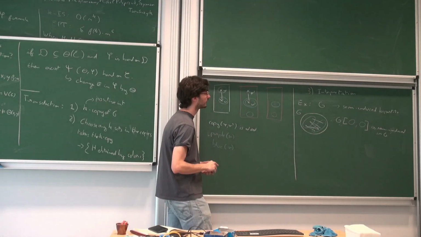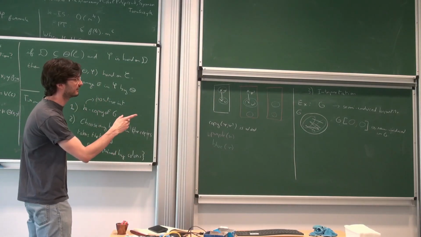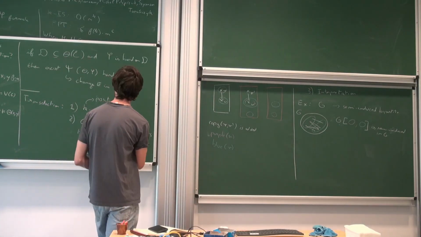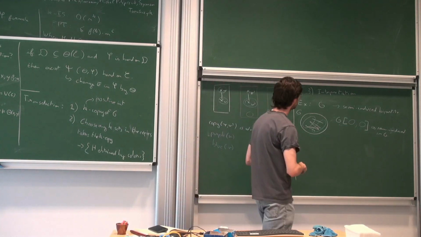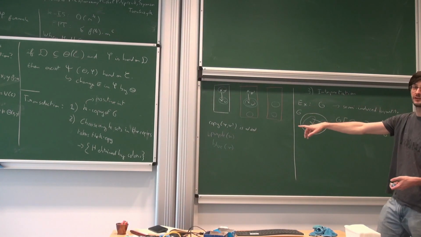Okay, so how can we find all these semi-induced subgraphs using the transduction? Well, first we have the colorings.